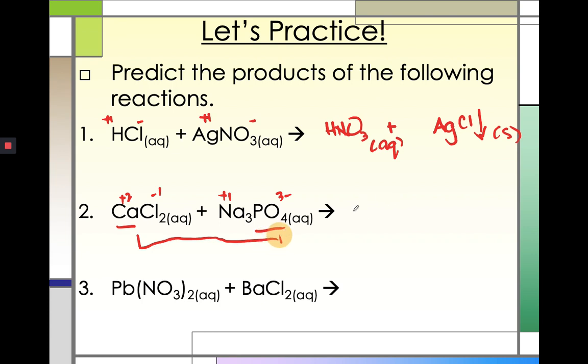So in here we can say that this is Ca3(PO4)2. The 3 comes from the phosphate ion's charge, and we enclose the phosphate ion PO4 in parentheses, and the subscript there is 2 because calcium has a charge of +2. And the next compound is NaCl.